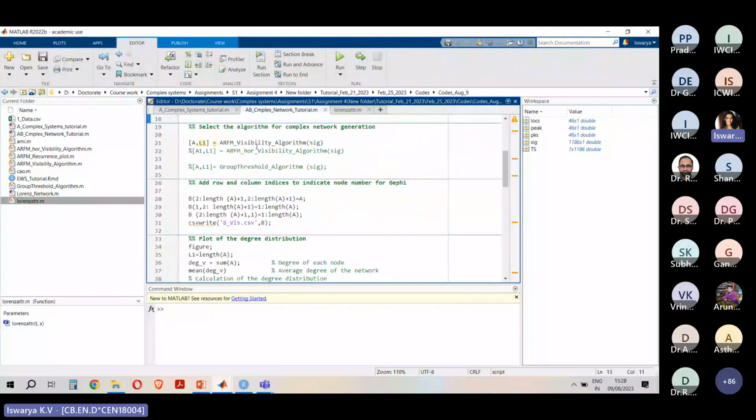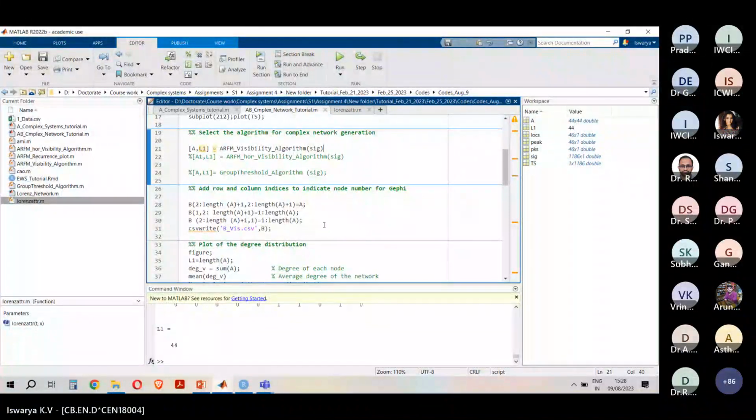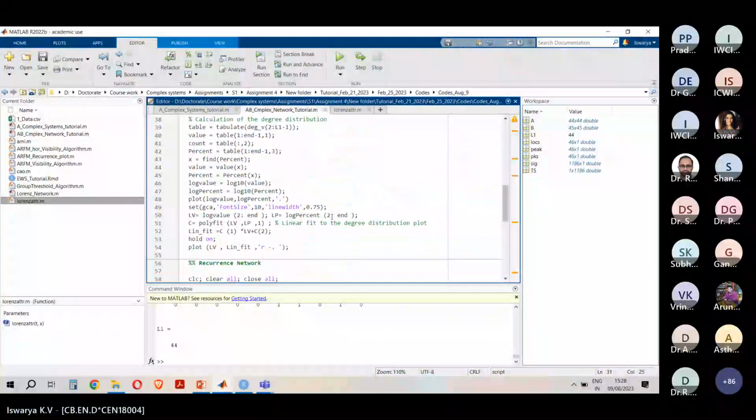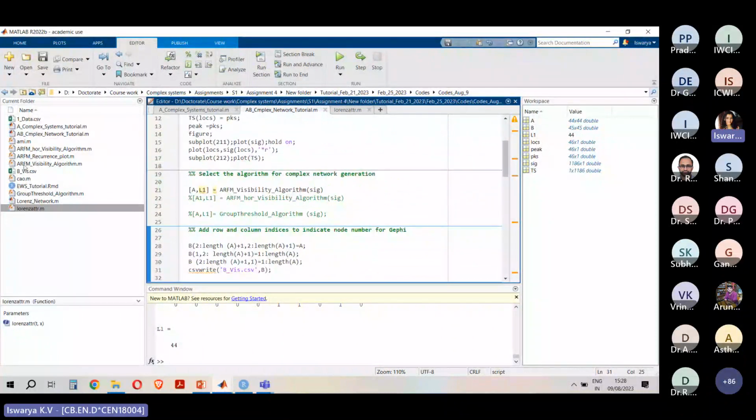So here I'm reading the visibility algorithm. And then I'll be writing that. Okay, so after reading the visibility algorithm, I'm going to be writing the adjacency matrix that is derived from the graph into a CSV file. So that is over here.